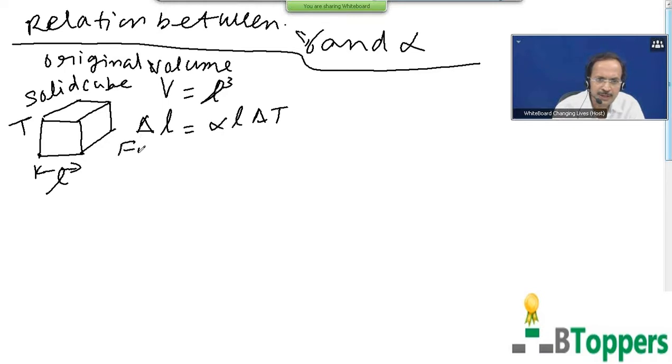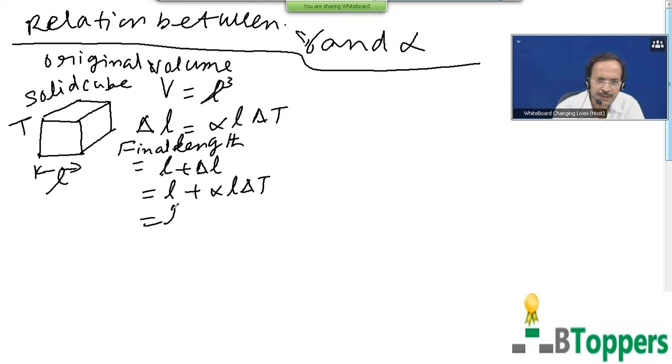So the final length of each edge of the solid is equal to the original length L plus delta L, or you can write L plus alpha L into delta T. So you can write L into 1 plus alpha into delta T.